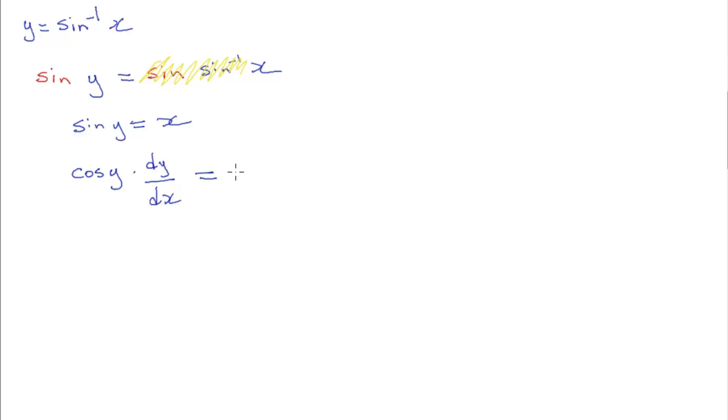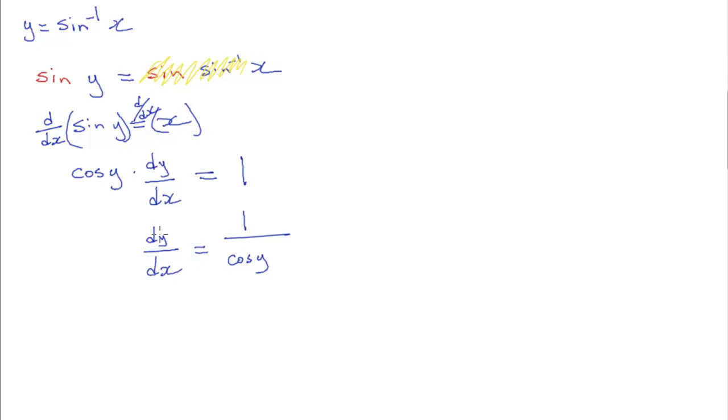And the derivative of x is 1. So we've taken the derivative with respect to x of each side, and this is the result. We're trying to find dy by dx, so we'll solve here for dy by dx. That gives us 1 over the cosine of y.